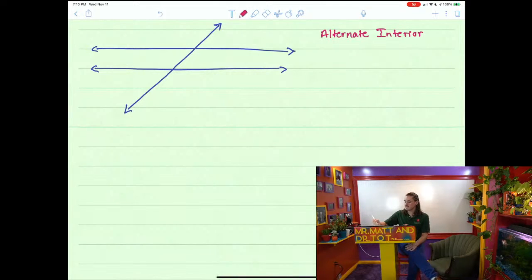So alternate interior angles, this guy is congruent to this guy, with these angles in here that I'm marking in this kind of cranberry color.